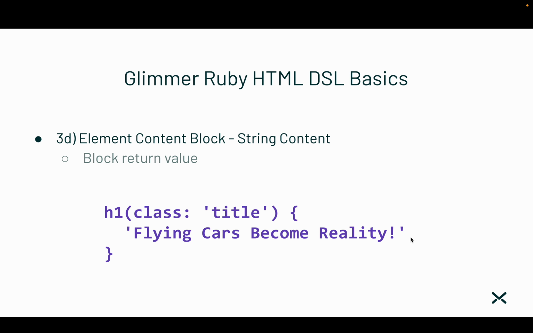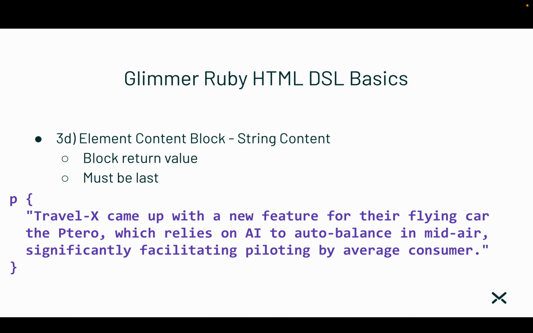This is also the same thing. Here it's showing that if I don't have content that is other elements, you can also put strings. So if it's a paragraph tag, like a p tag, you can put the string as just a Ruby string. If you pass a Ruby string into this block, it will set it as the string of the p.